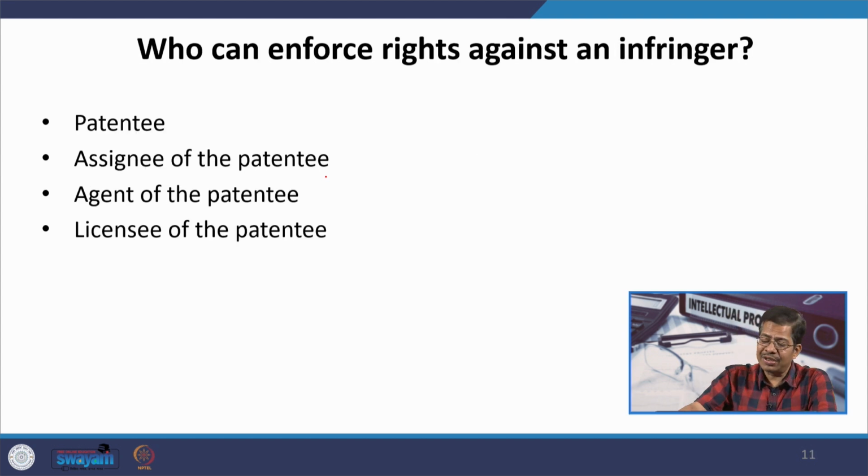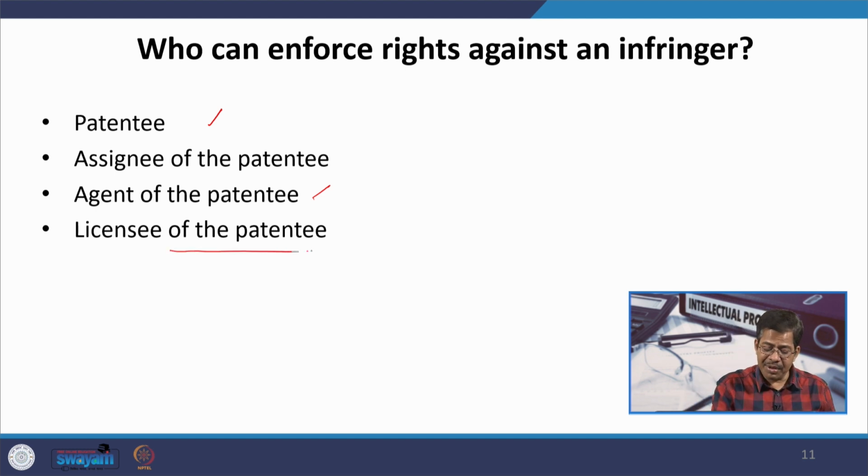Now, who can actually enforce rights against the infringers? Because there may be a lot of people who are involved in holding the rights also. So, patentees themselves, assignee of the patent. So, you can say a kind of representative of the patentee, agent. There are some IP agents, they can also enforce rights against the infringers.